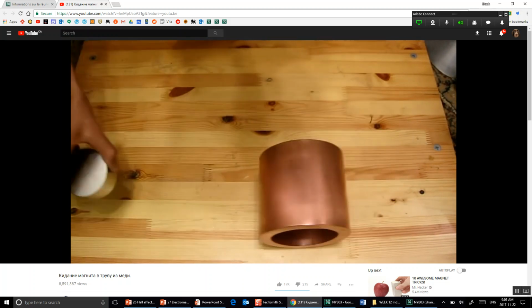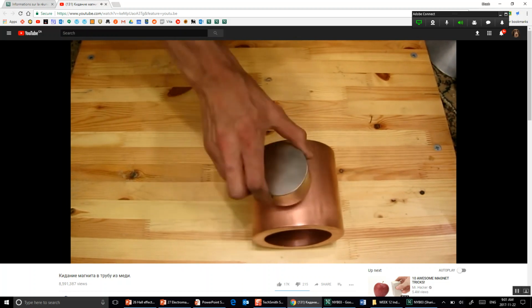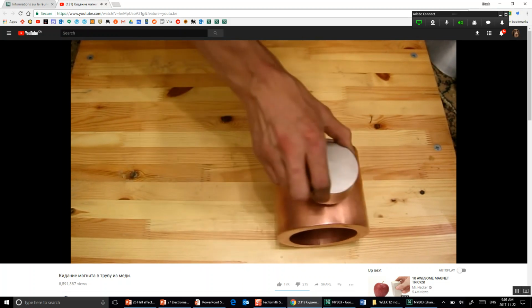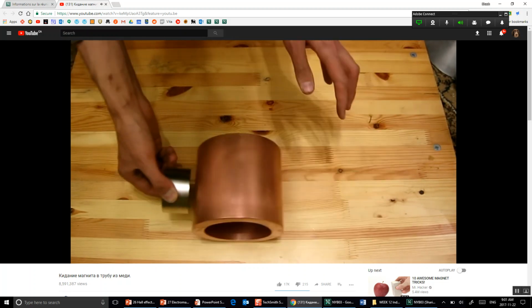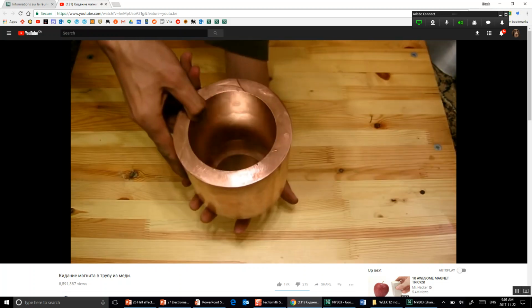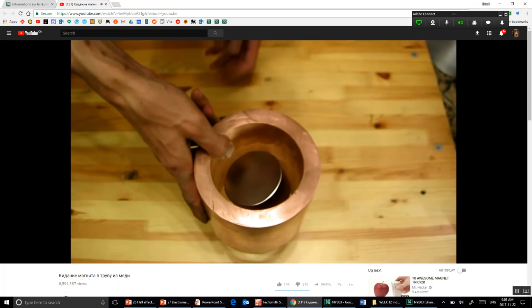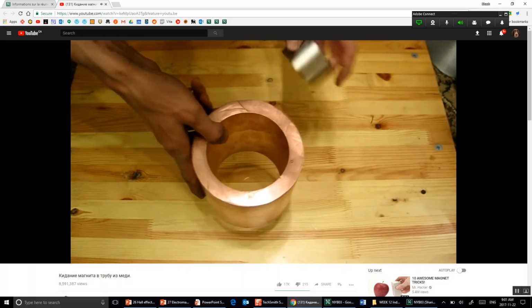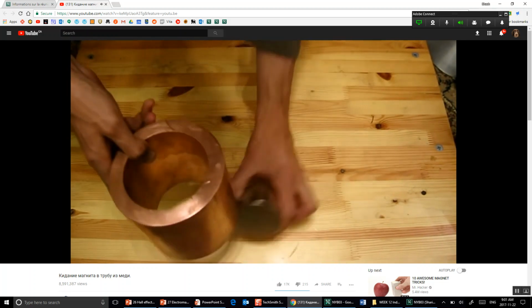Again, this is impressive because copper is not a magnetic metal. Kind of trippy, eh?